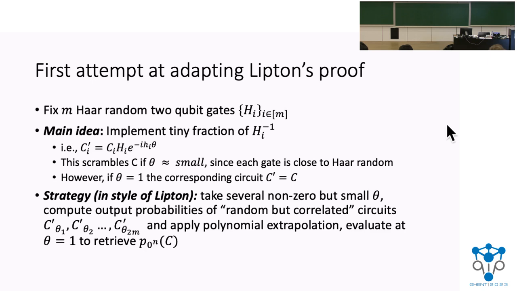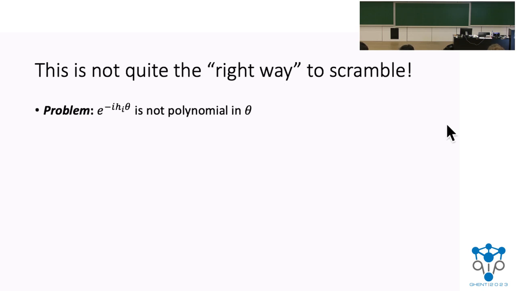Okay, now that's not completely correct because it's not actually super clear where the polynomial structure comes about, right? There's a problem here, which is that e to the minus i little hi theta, where we were thinking of little hi as the log of big hi, is not a fixed degree polynomial in theta.